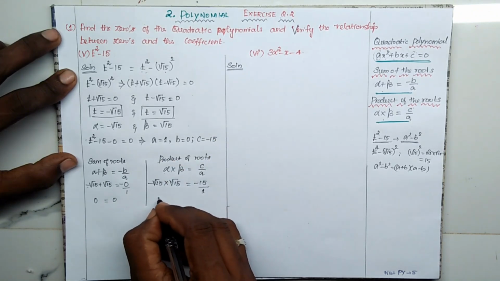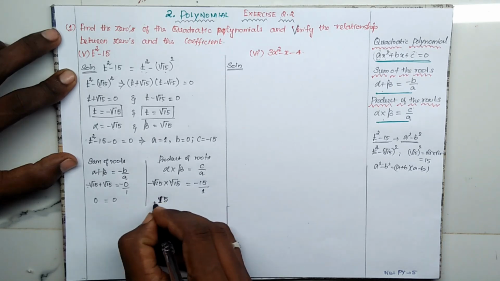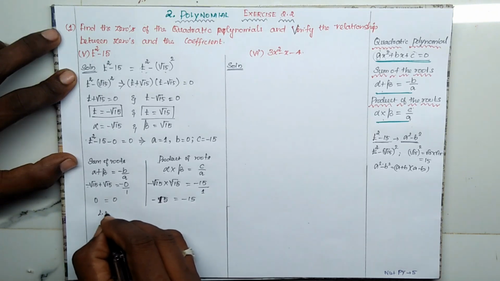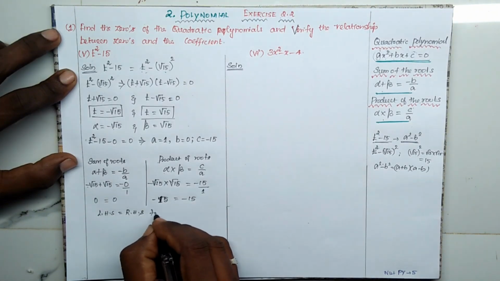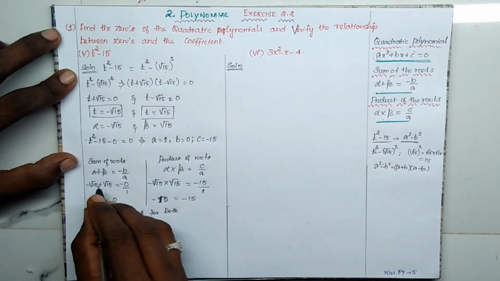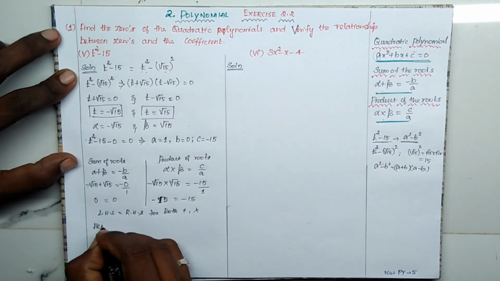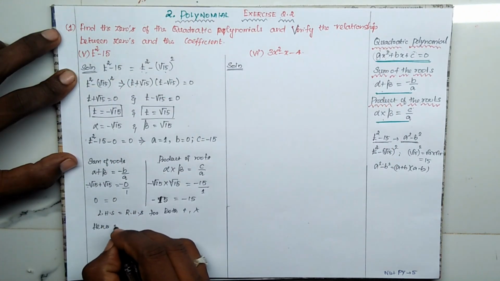Root 15 into root 15 will become 15, and here minus is there, so minus 15 is equal to minus 15. So hence LHS is equal to RHS for both the sum of the roots and the product of the roots. Hence the relationship between zeros and coefficients is verified.